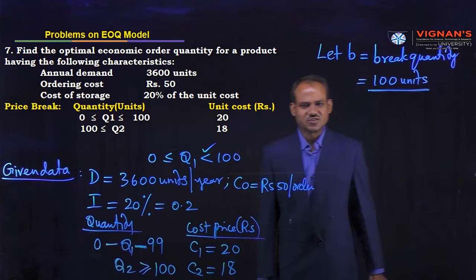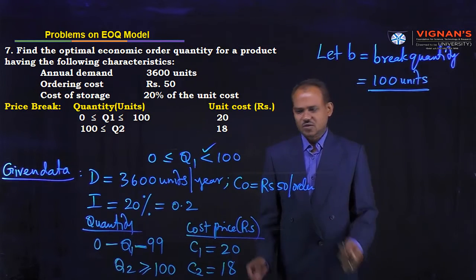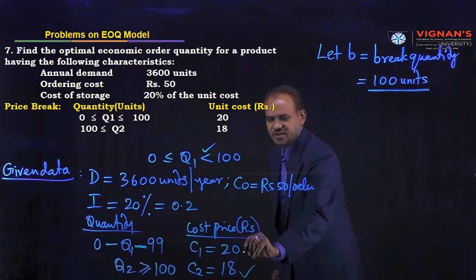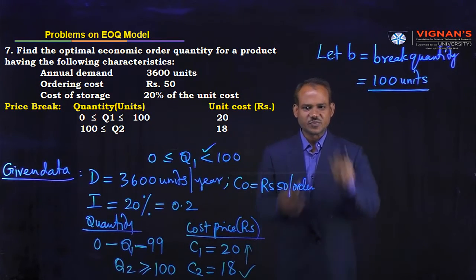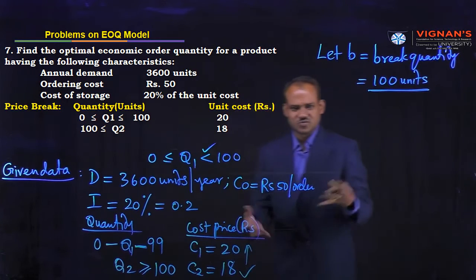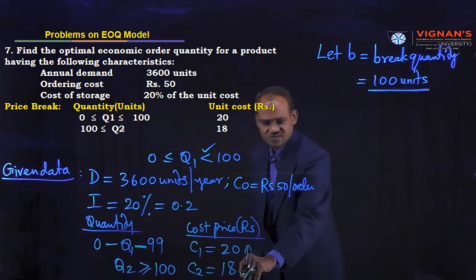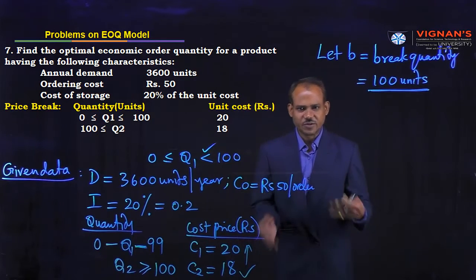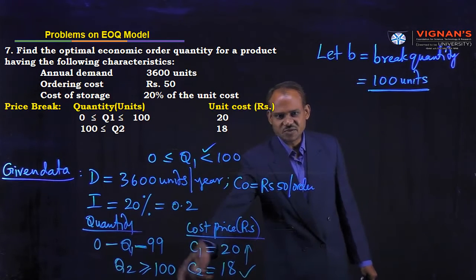First of all, you start from the lowest cost price to the highest cost price. Lowest to the highest, not from the highest to the lowest. When all units are purchased, in this case cost price is low. Every time, in every problem, if the quantity increases, cost price is low.